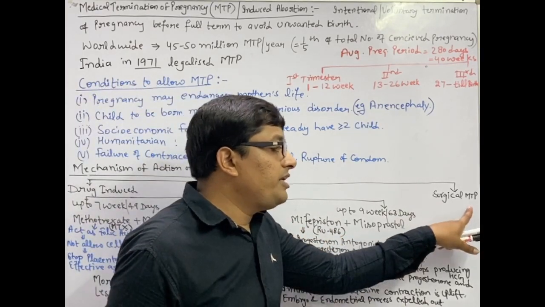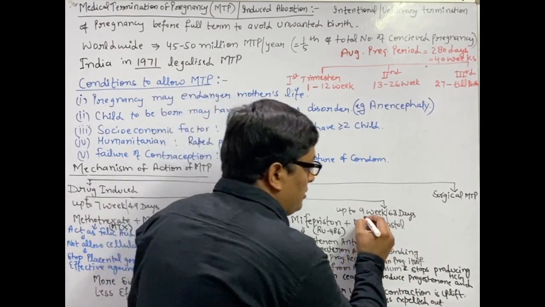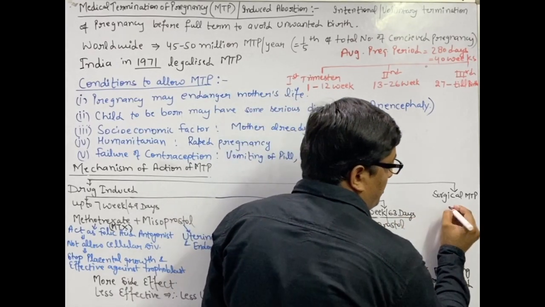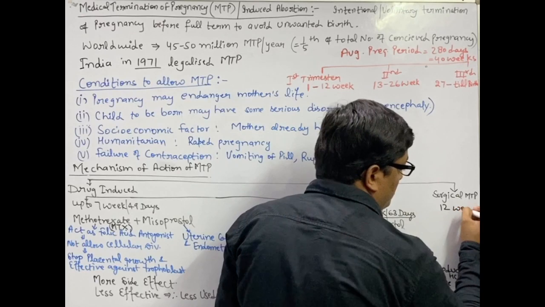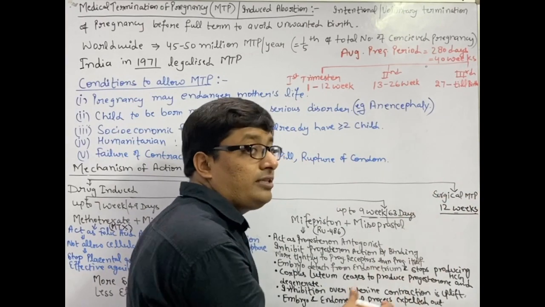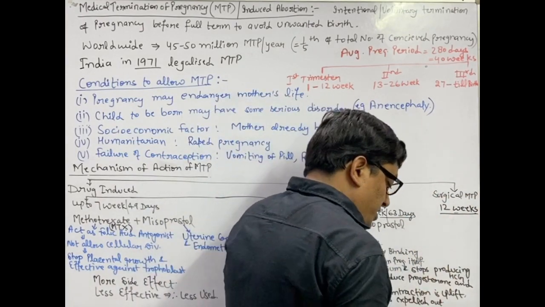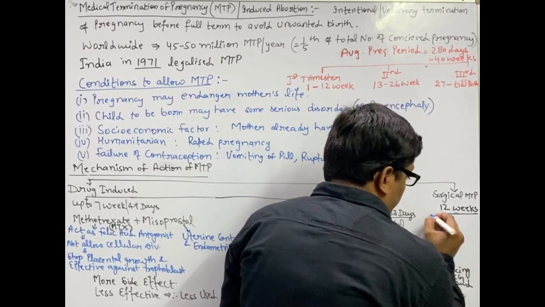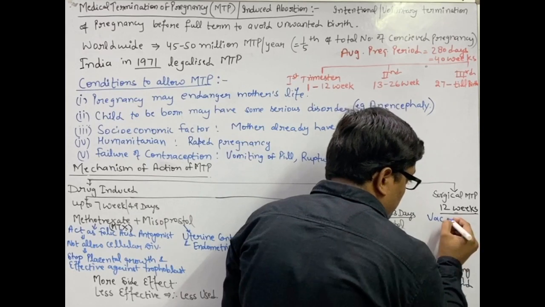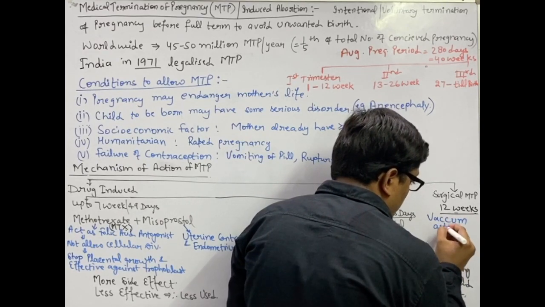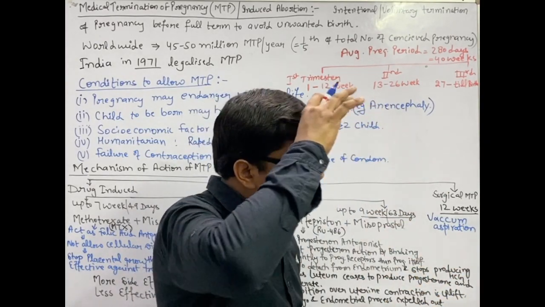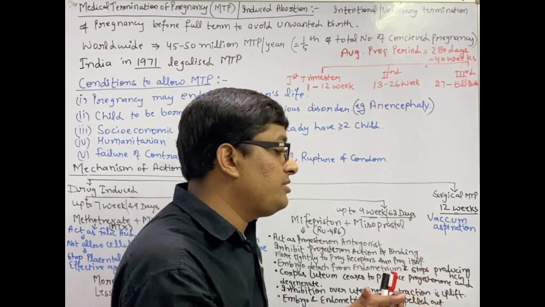Now the surgical medical termination of pregnancy. The drug methods are applicable up to 9 weeks or 63 days, and the surgical medical termination of pregnancy can work up to 12 weeks. This is done by vacuum aspiration. The vacuum is developed and the cervix has been dilated.